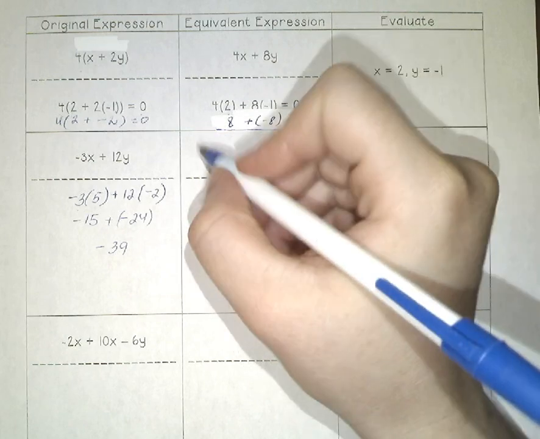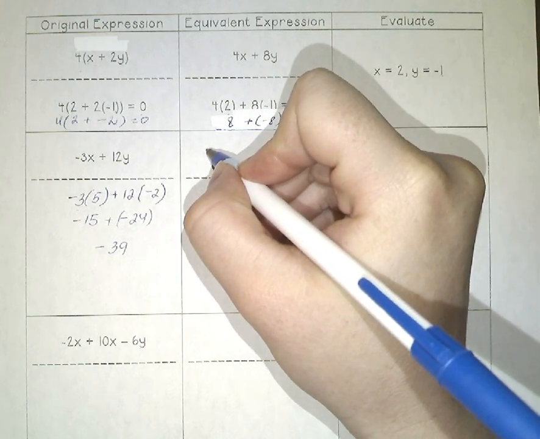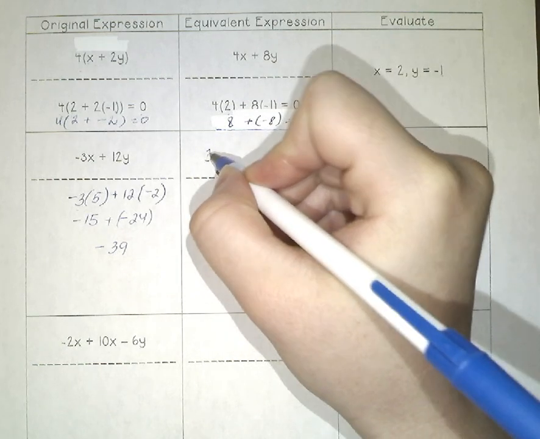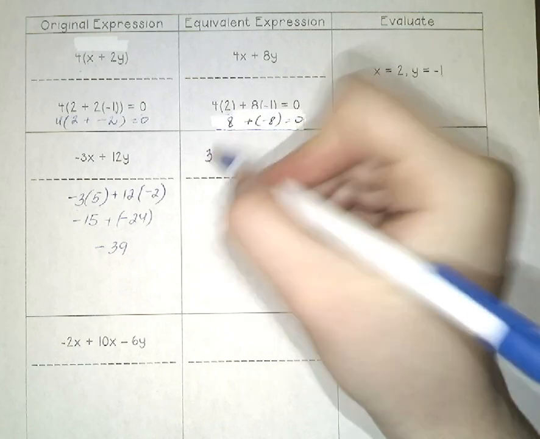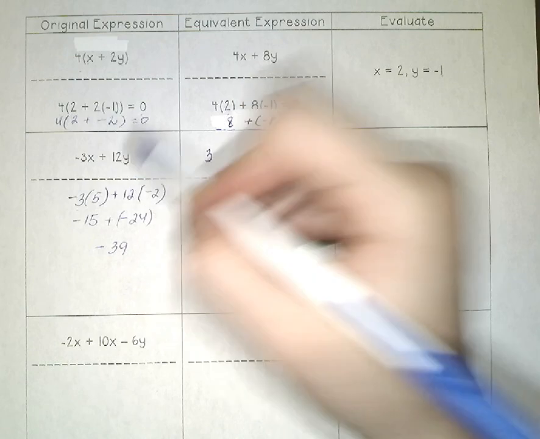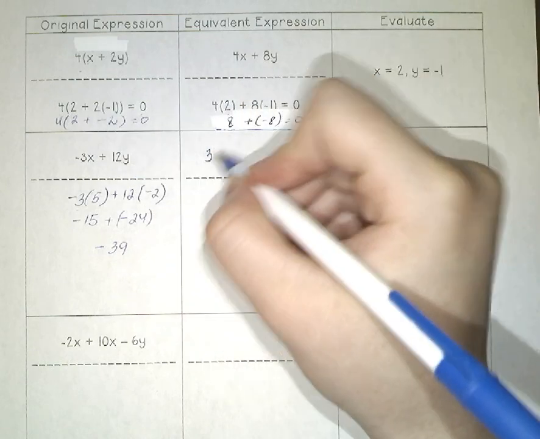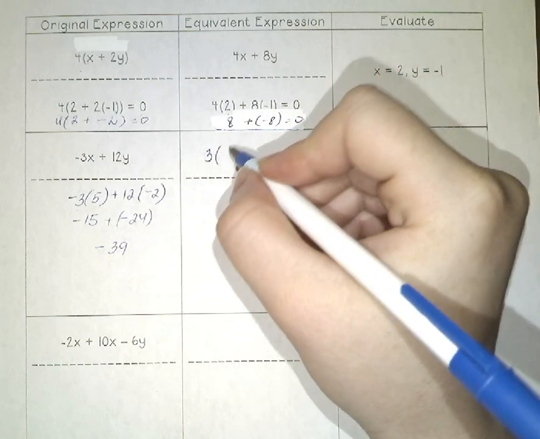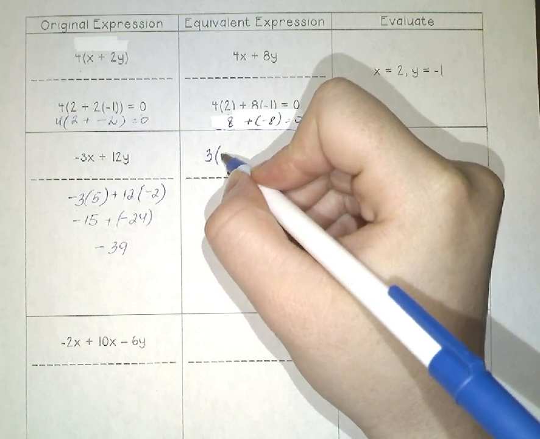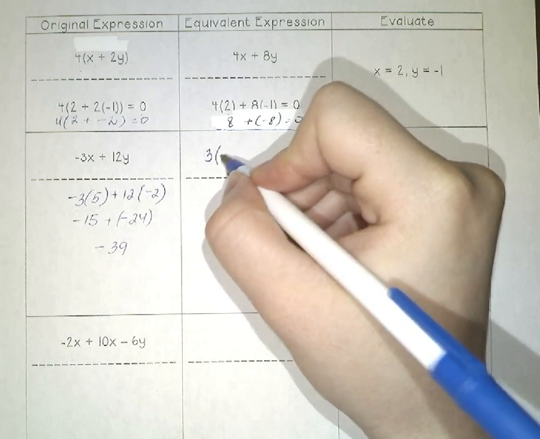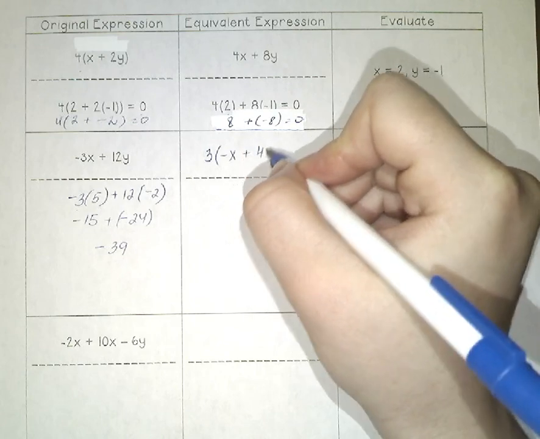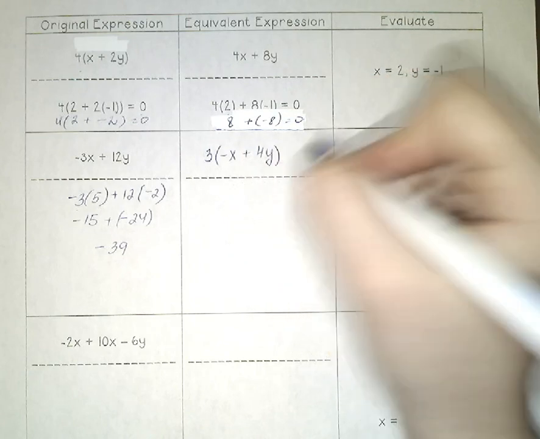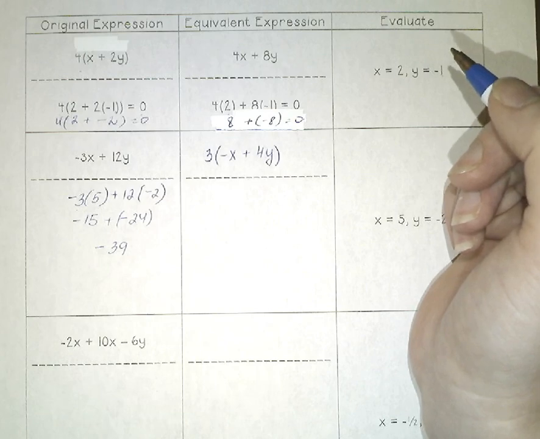Okay, the equivalent expression that I can come up with is 3, if I take that 3 out of the parentheses, because I know that 3 can make 3 and it also can make 12. So I will take 3 outside the parentheses, and I'm going to write down -x, that's what is left, plus 4y, and see what happens.